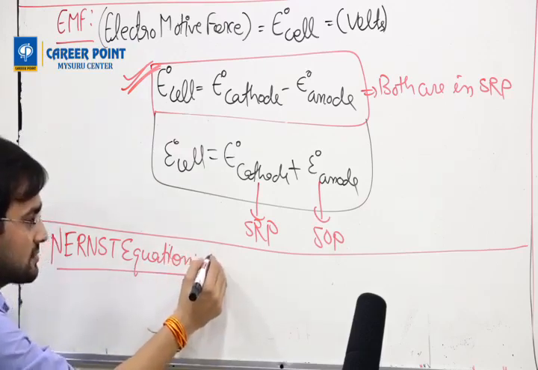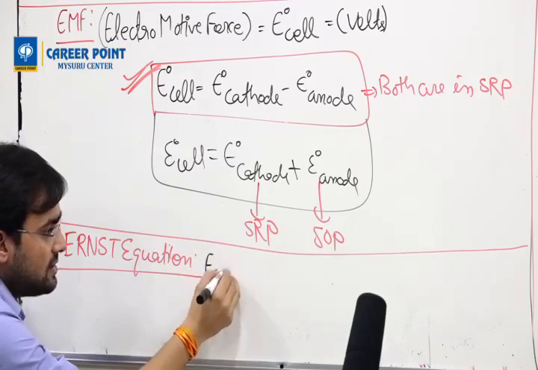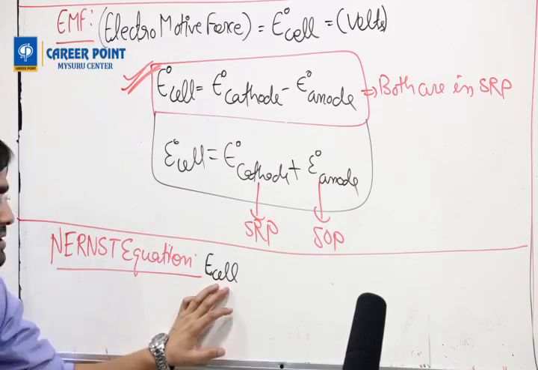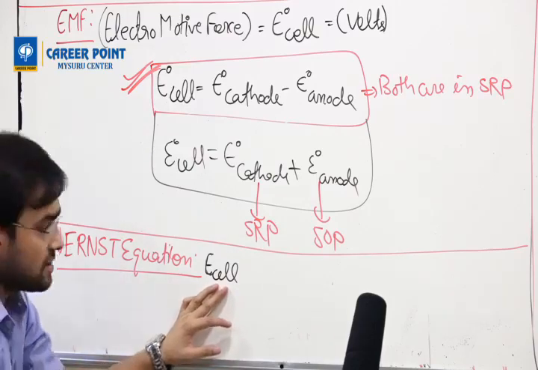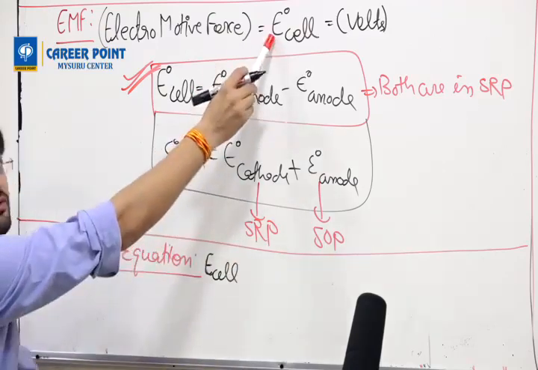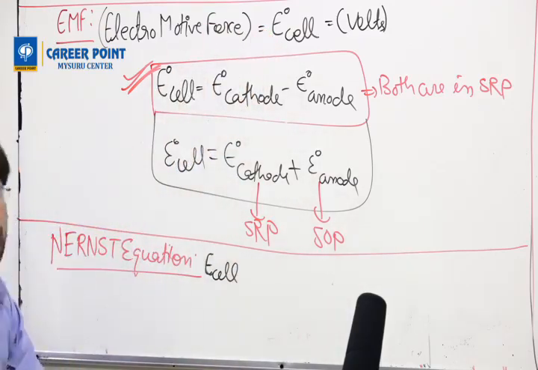It relates E cell and E naught cell. E cell means electromotive force at any condition, and E naught cell is electromotive force at standard state.